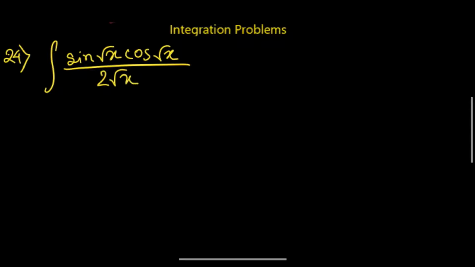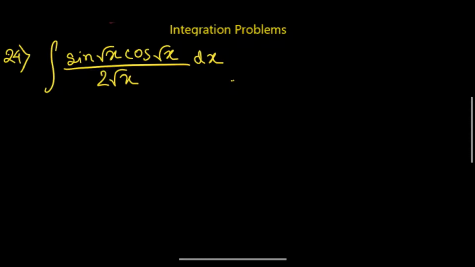Sum 24, that is integration of sin root x cos root x by 2 root x dx, and we have to solve this.